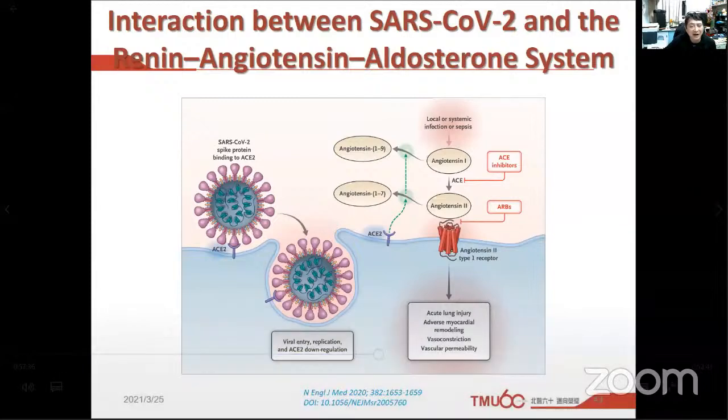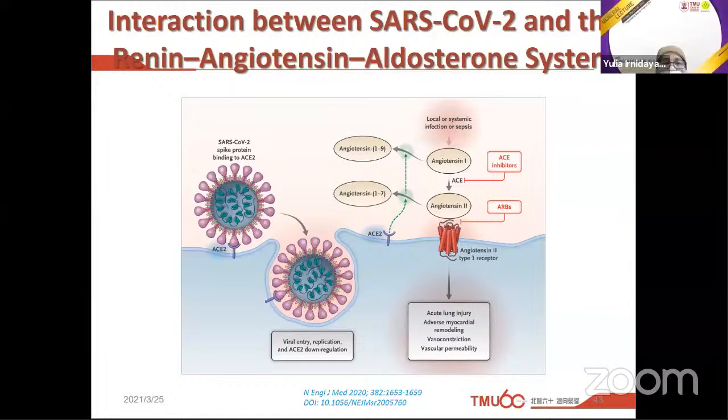So without ACE2 signaling, most of angiotensin 1 and 2 will not be converted to the short peptide, and angiotensin 2 acts on the AT1 receptor, which makes the vascular tone smaller, leading to acute lung injury and also increasing vascular permeability, which will increase infiltration of leukocytes, and of course leading to ARDS and pneumonia.